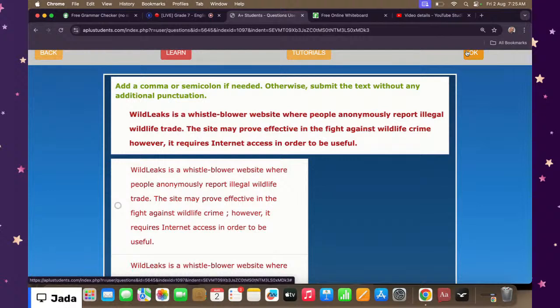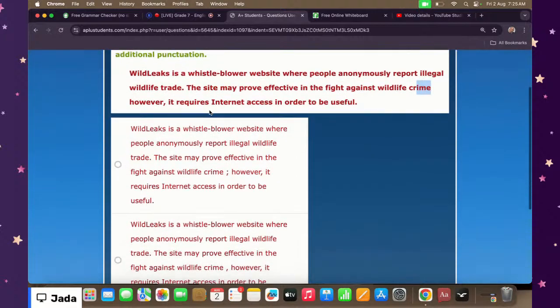Now, we have to look at this sentence carefully, and we have a conjunctive adverb here where it says crime, however. So take note that we usually have a semicolon before a conjunctive adverb. So if you have however, then you have a conjunctive adverb, and you need to have a semicolon first, not a comma.